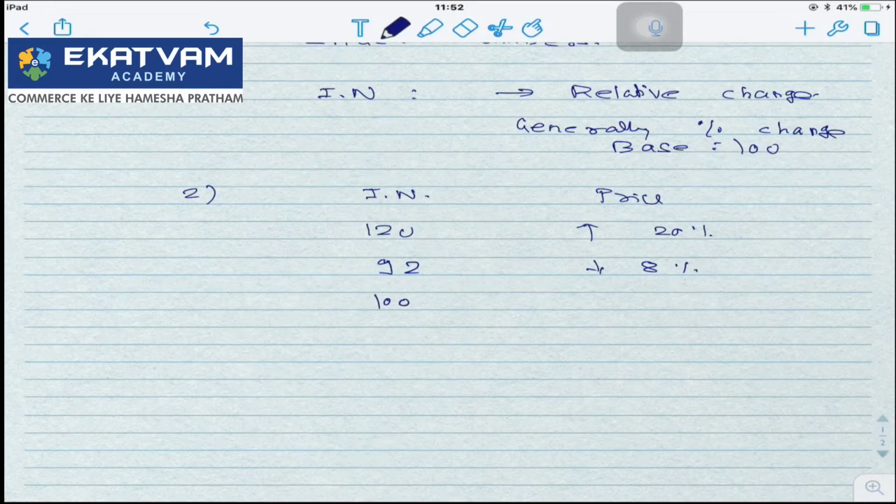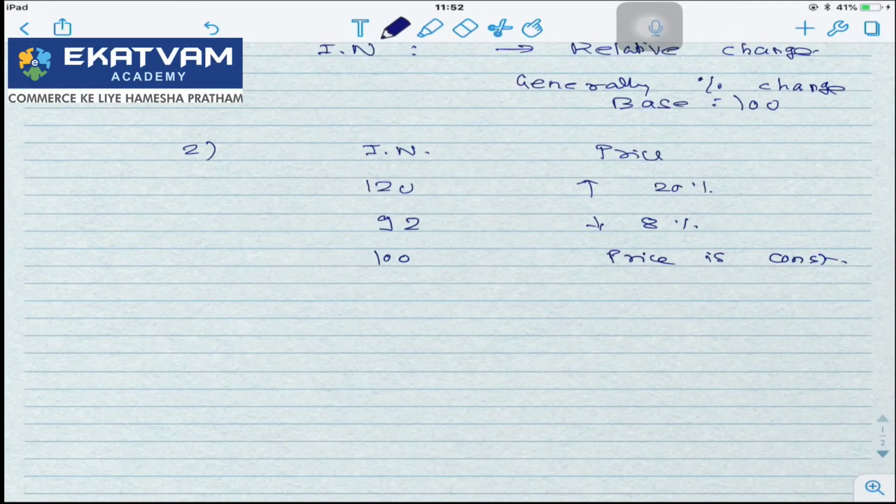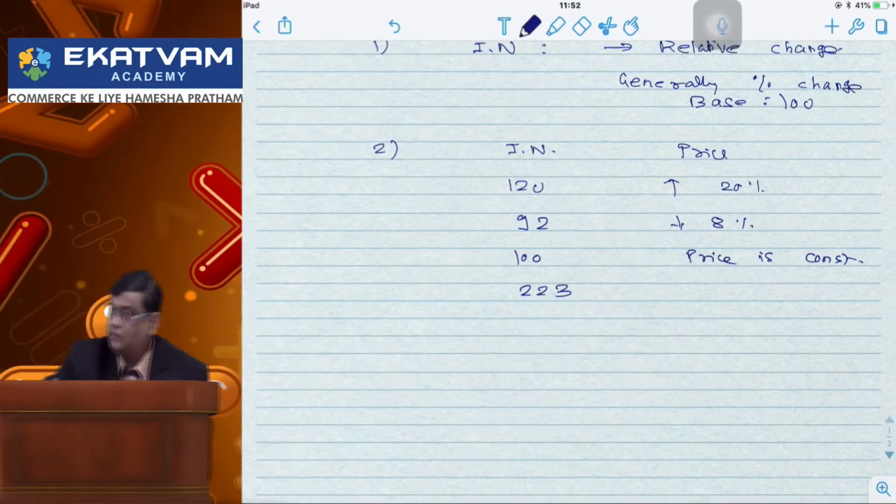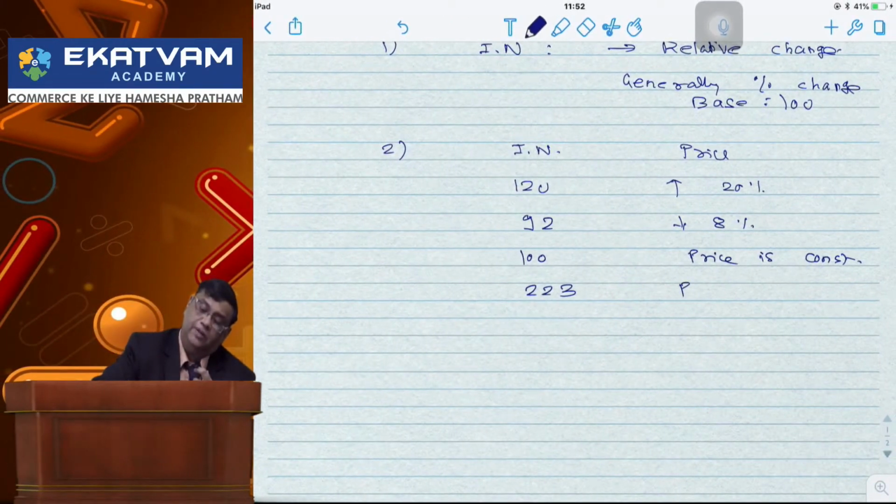If index number is 100, then it means price is constant. If I say index number is 223, tell me what will it mean? Then it means that the price has gone up by 123%.